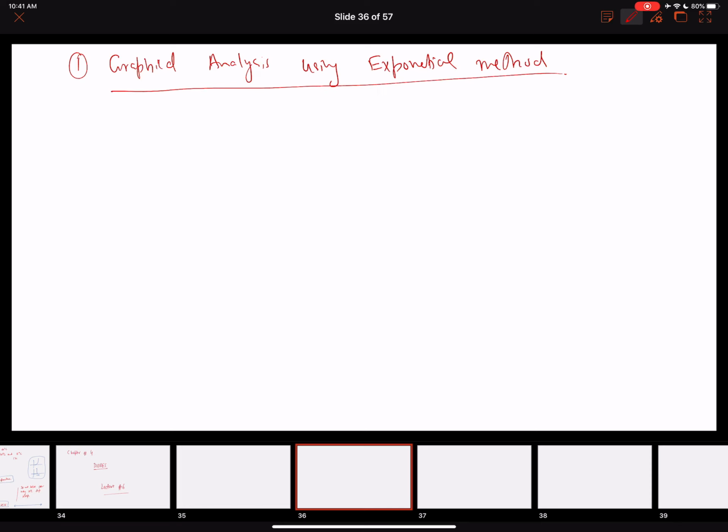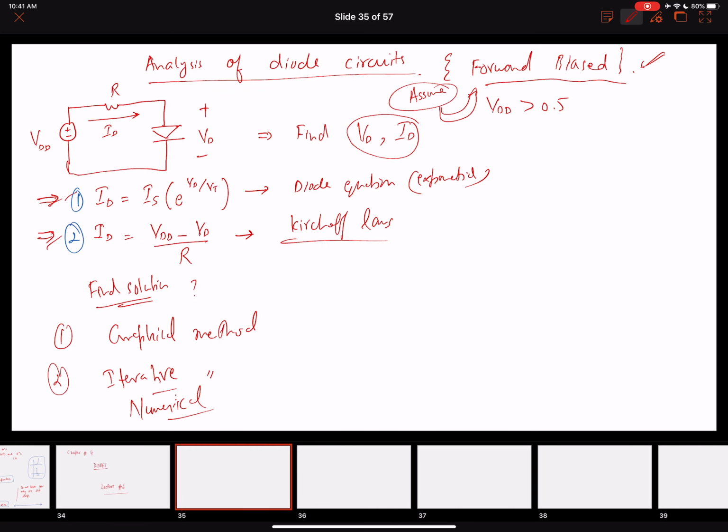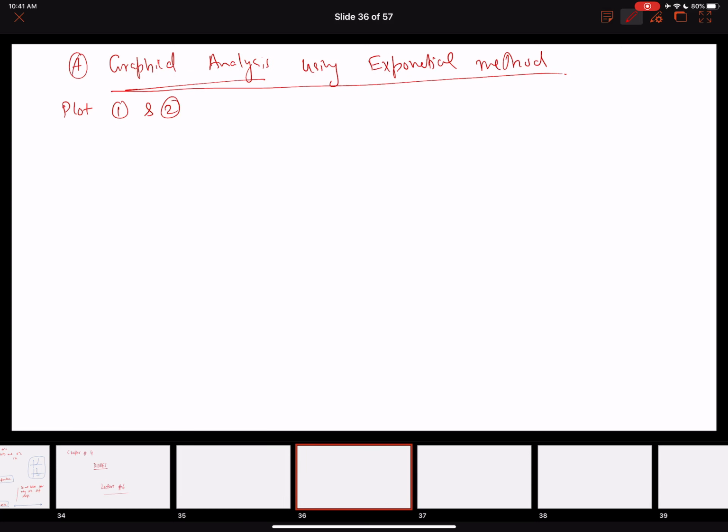Essentially that is gonna use that exponential diode equation. What this graphical analysis requires is that we plot both equations. So these are the two equations we have, 1 and 2. We are going to plot both of these equations on the IV plane, on an IV graph.